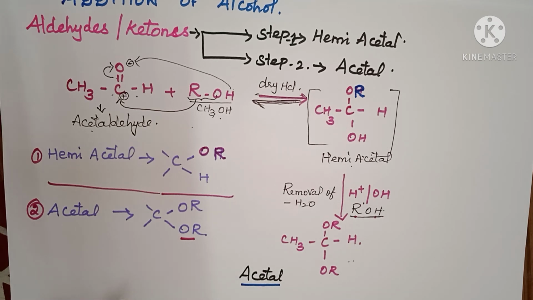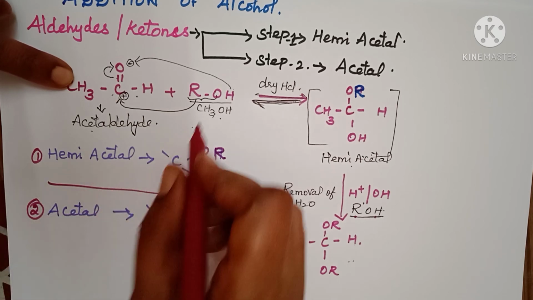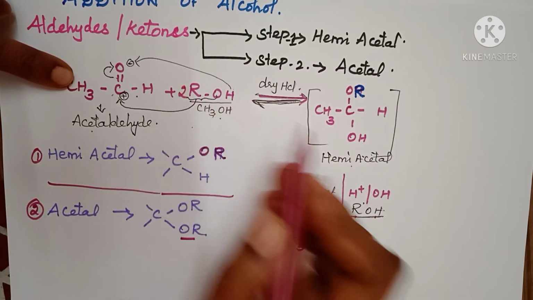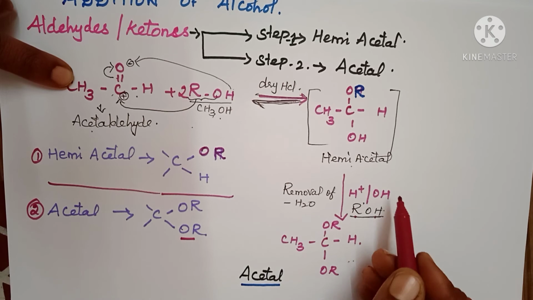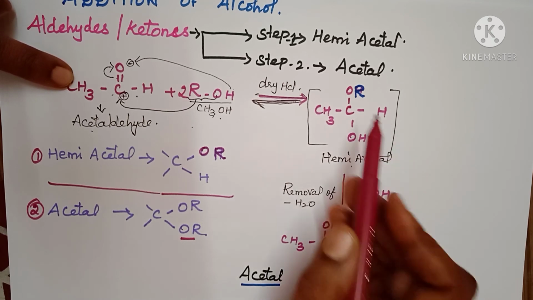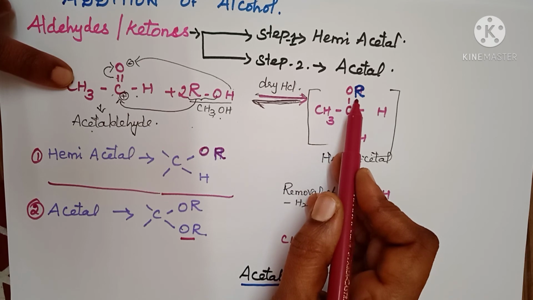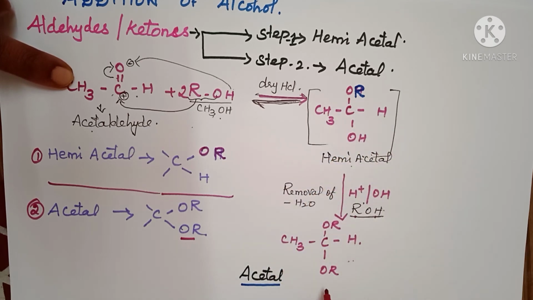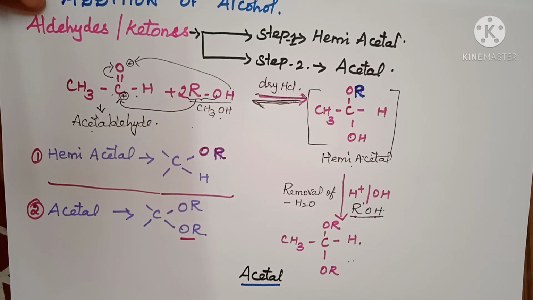So easily you can identify: aldehyde reacts with two molecules of alcohol. The first compound you receive is hemiacetal, where only one ether group is attached. The second is called acetal, where two ether groups are available on the same carbon. So this is the aldehyde part which is reacting with the alcohol.